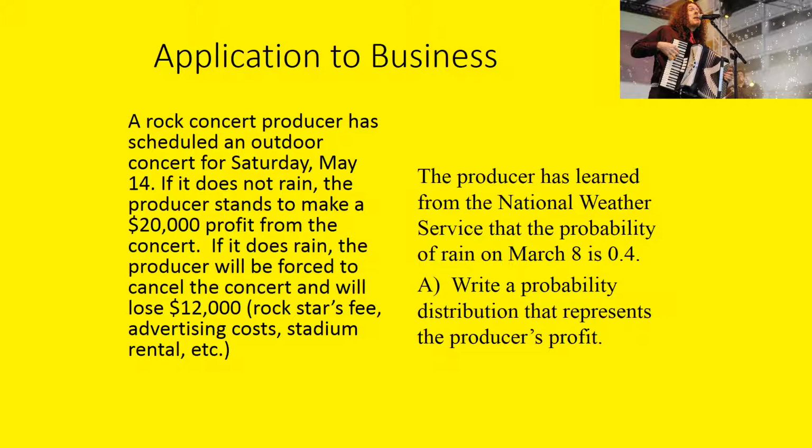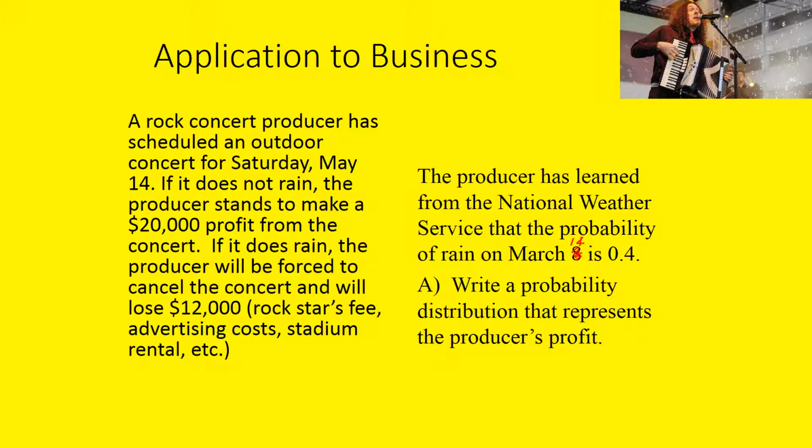Application. A rock concert producer has scheduled an outdoor concert for Saturday, May 14th. Now, if you're that rock concert producer, is that the right word for him? If you're that person, it makes a big difference whether or not it rains, because that'll affect attendance and sales.